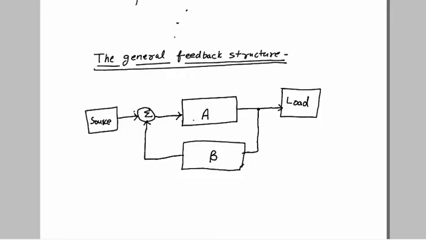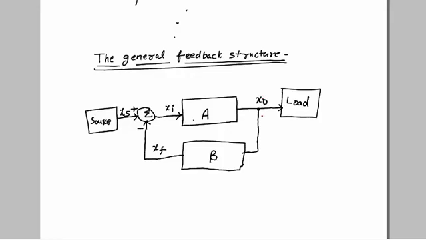Now we are talking about negative feedback. So the feedback signal xf will be subtracted from the source signal xs, and the input xi, which is the difference of xs and xf, will be given to the amplifier, which will produce the output x naught.